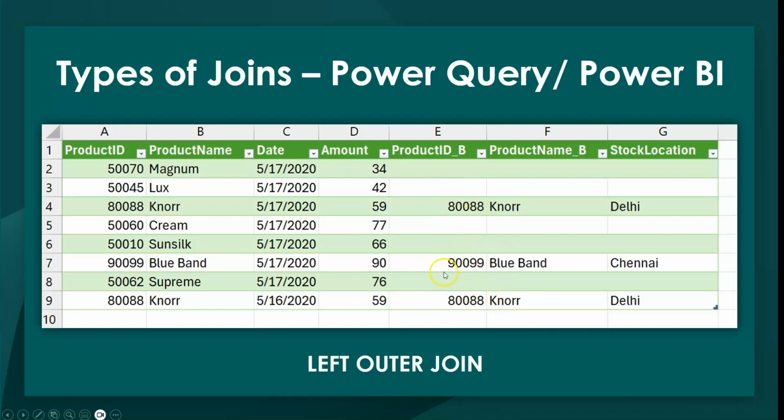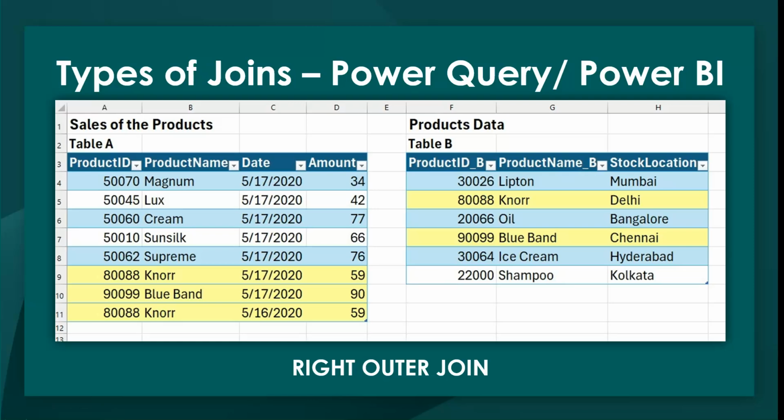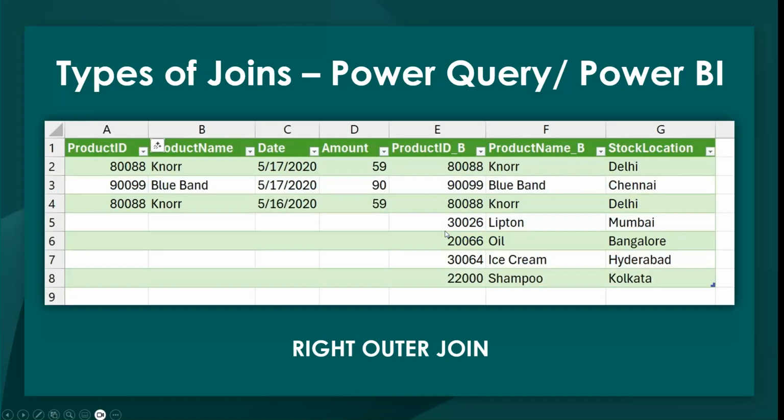Let's go to the next example. If we have again these two tables and we want to apply the right outer join this time, then all the transactions from the right side are available with us, and all those matching transactions from the left side are available with us. So this is how you decide which kind of join is suitable for the further analysis purpose.